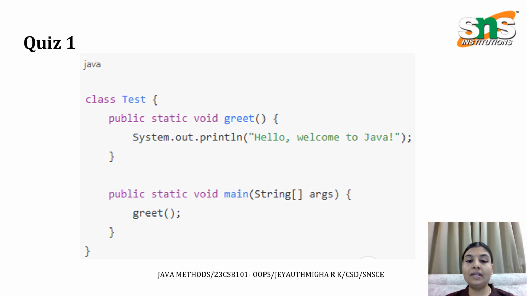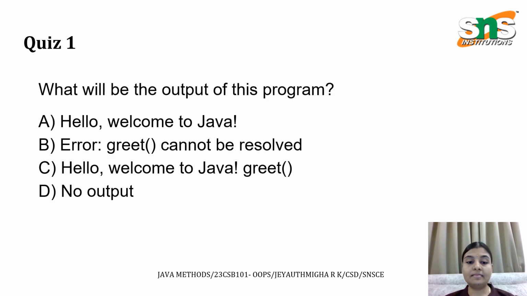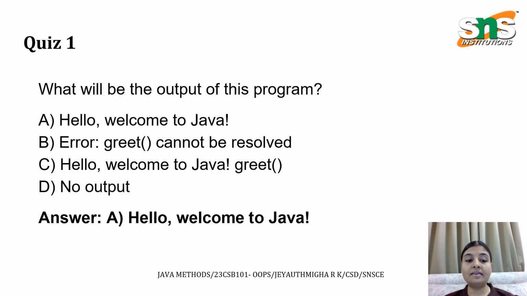This function call will pass its execution to the function definition, and this block of code gets executed, which will print Hello, welcome to Java. So answer A is the right answer.